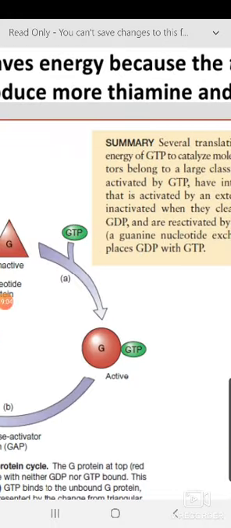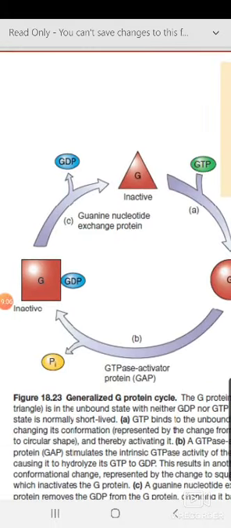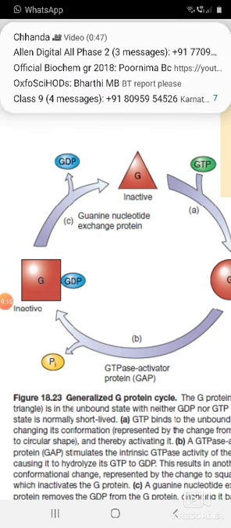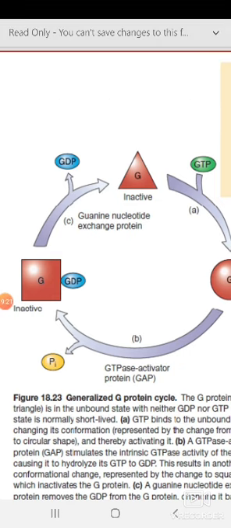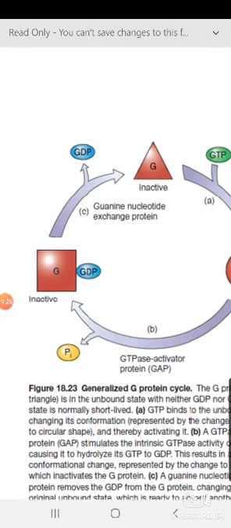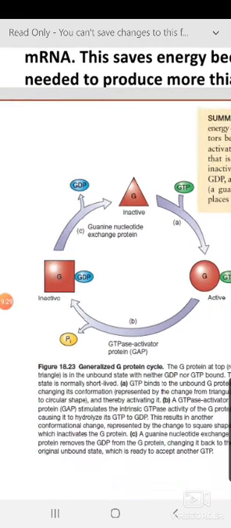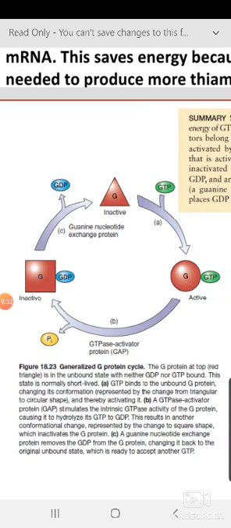I have already mentioned in certain cases how, during elongation, GEF factors play a role. If you remember, EF-Tu and EF-Ts, the GEF factor comes and plays a role. There is a GTP-bound form and a GDP-bound form. This is a classical model of how these G proteins are activated and deactivated.